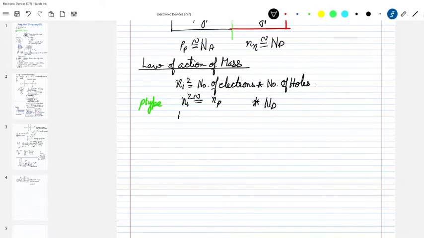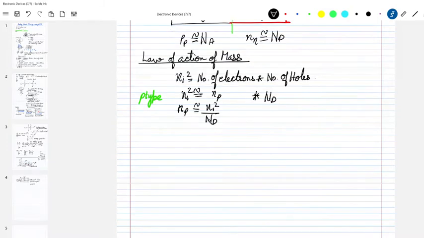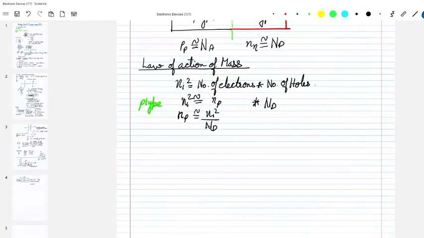So now Np in a p-type material is approximately equal to Ni square over Nd, and Pp we know is Na. What did I do? Ni square over Na. I'm making a mistake here. Okay, let's write this again. So the number of holes is basically Na. So then Np is equal to Ni square over Na.